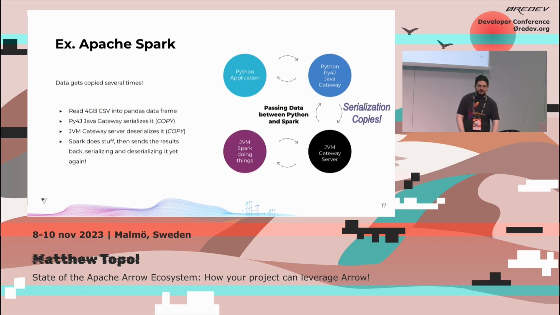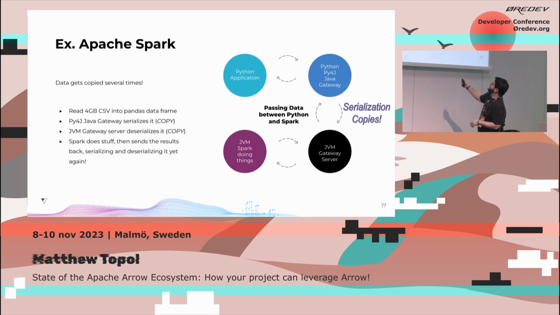Well, normal Spark handling: you have your Python application if you're using PySpark, and you want to take your data, send it to Spark, do something with it, and you want to get it back.